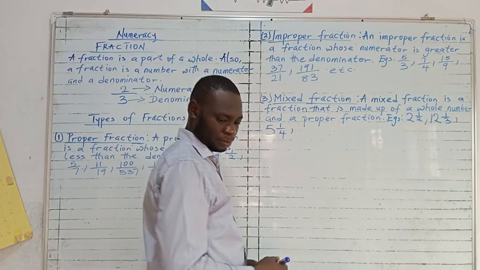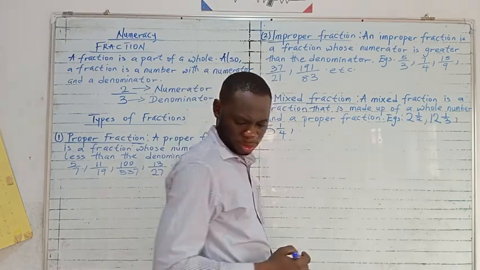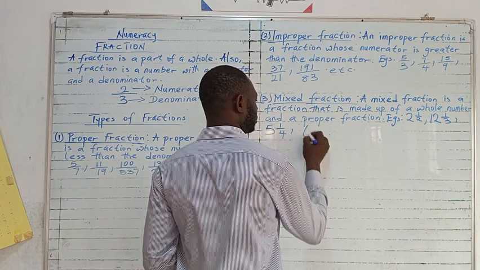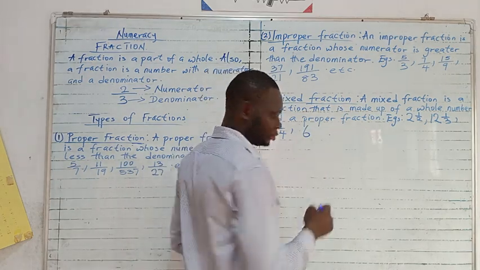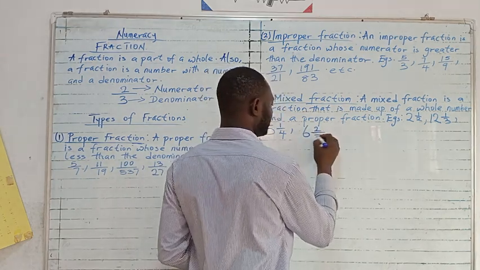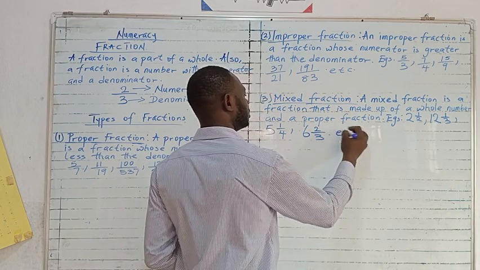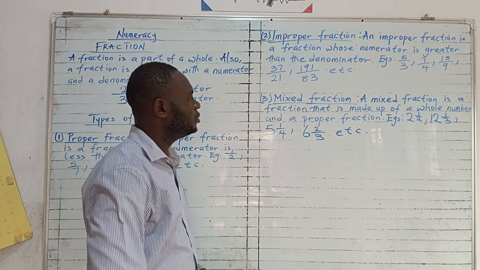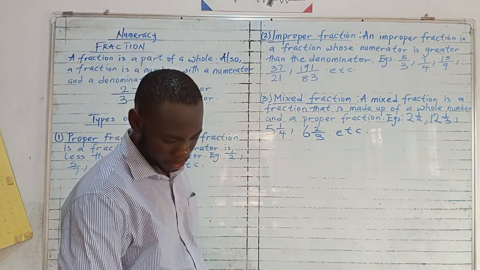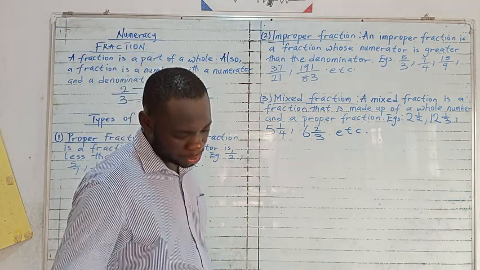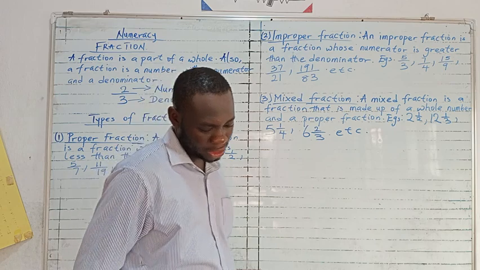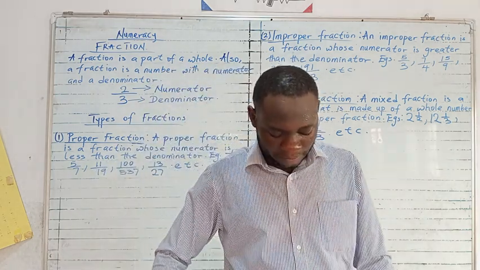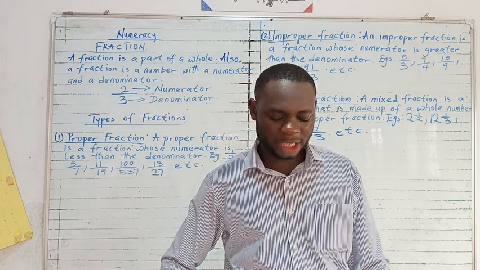I can have 6 whole number 2 over 3, etc. So these are examples of mixed fractions.